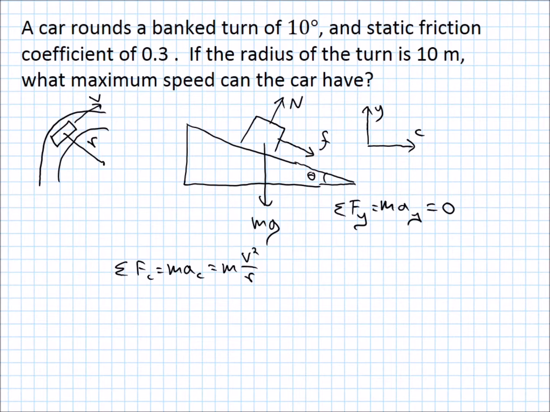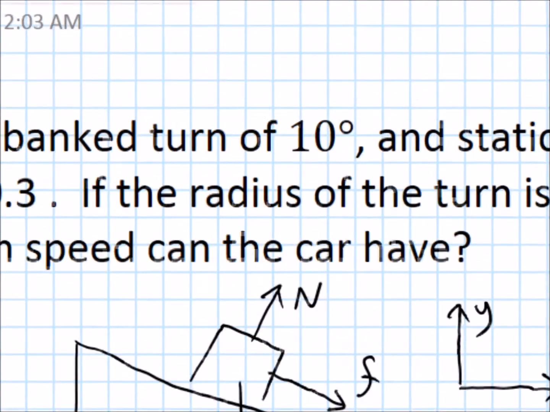Alright, so as for the sum of the forces in the y direction, well, I see we have negative mg. That's the only easy one. The other ones have components in both directions. Alright, let's see if we can figure this out.